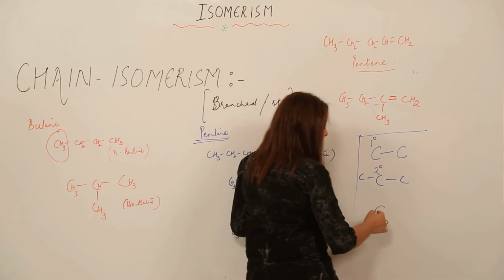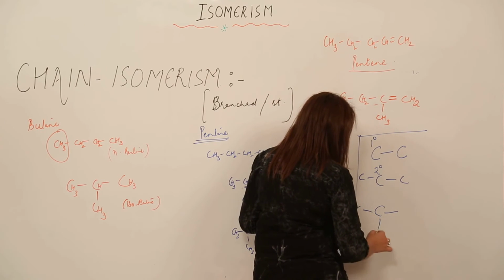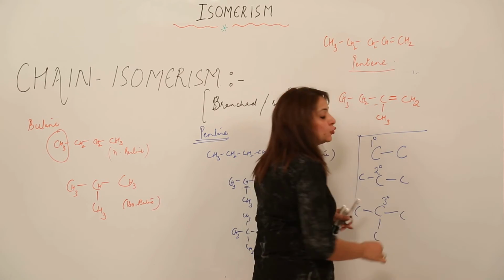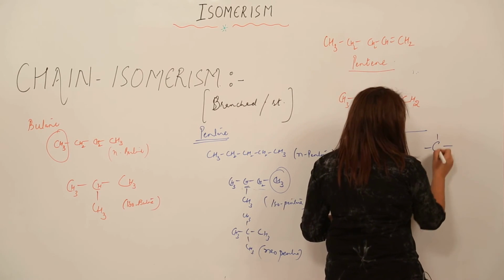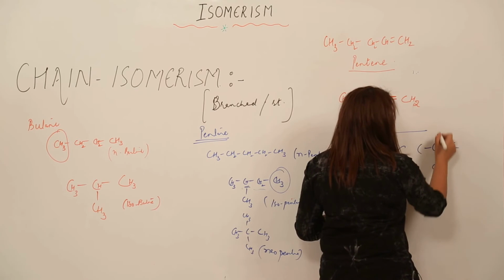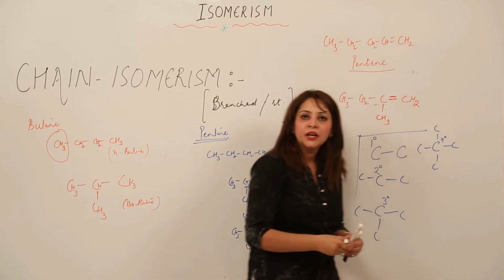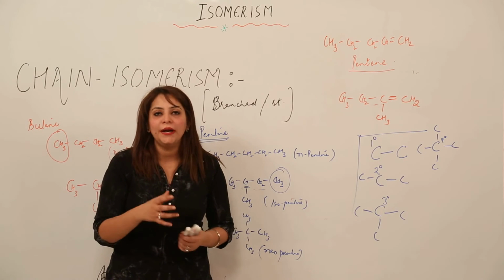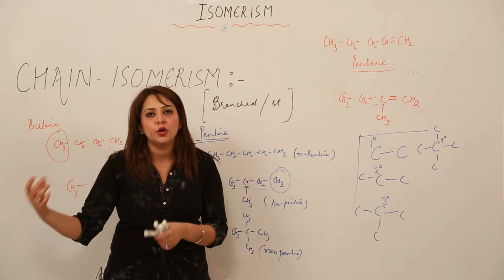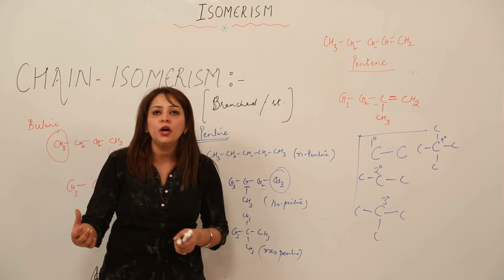If it is attached directly to 3 carbon atoms, it is said to be 3 degree. And if it is attached directly to 4 carbon atoms, it is called 4 degree. This is how we classify the carbon atoms of a chain as primary, secondary, tertiary, quaternary, or 1 degree, 2 degree, 3 degree, or 4 degree.